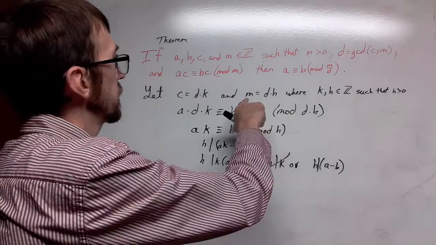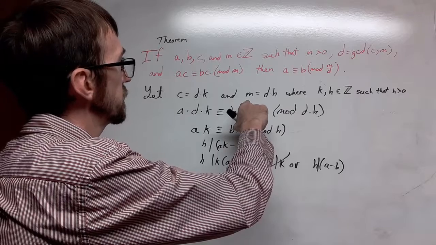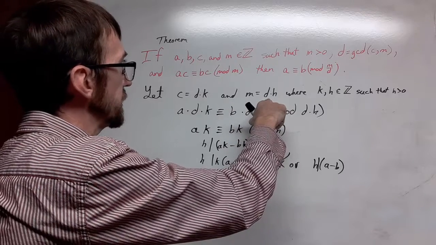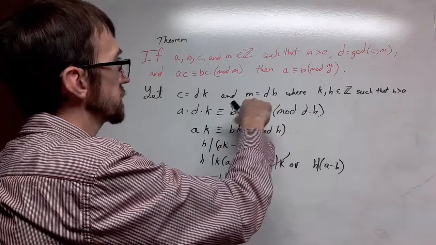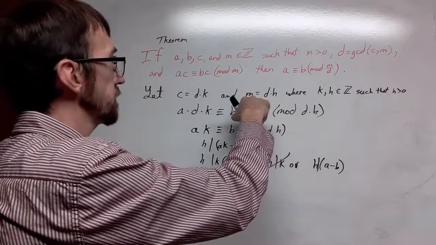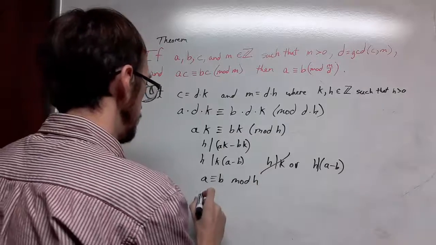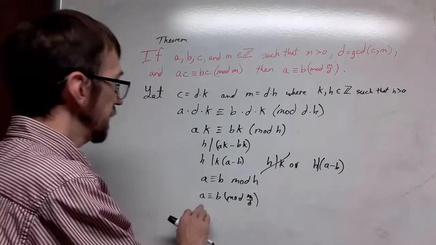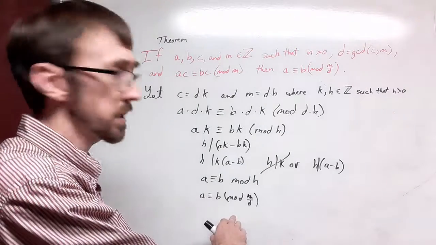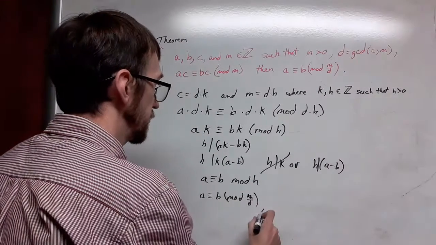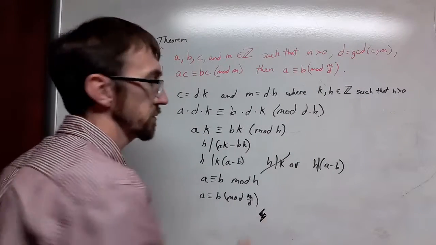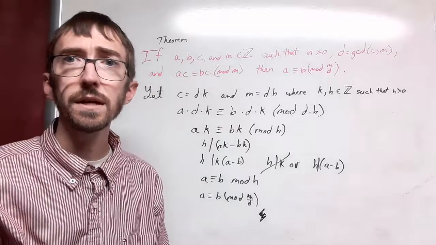If I divide both sides of m equals d times h by d to get h, I have h is equal to m divided by d. So a is congruent to b mod m divided by d, which is what we were trying to prove. And so that'll conclude our proof. Cheerful calculations.